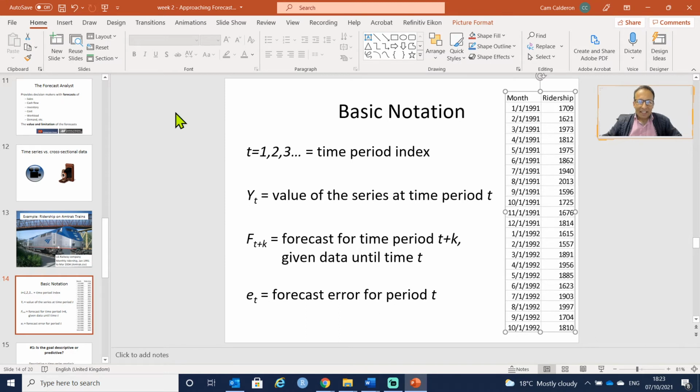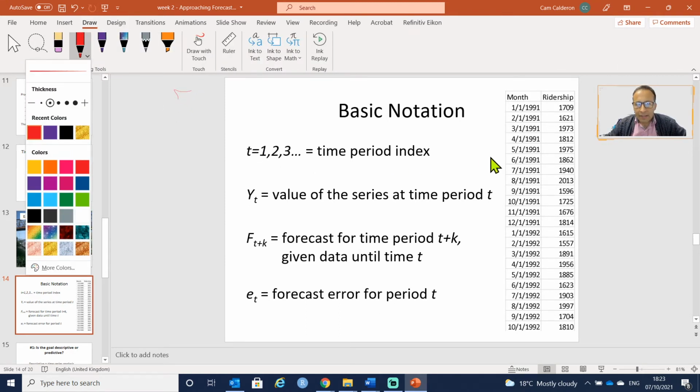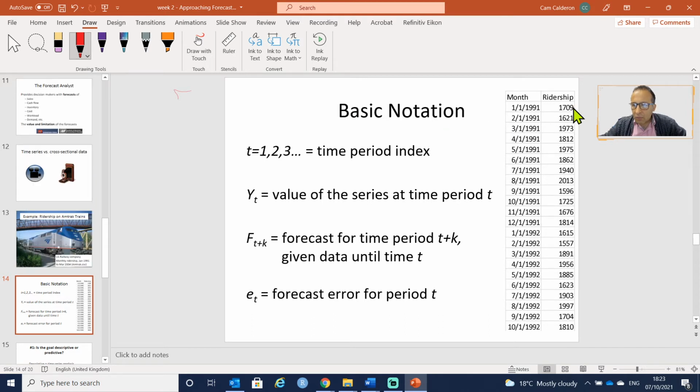So let's use this, and you can see that this one here is y1. This one here is y2. This one here is y3, and so on.